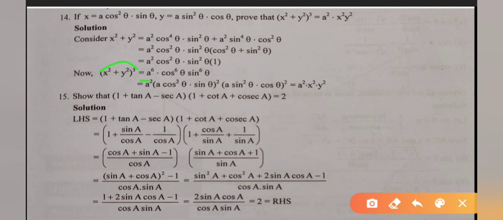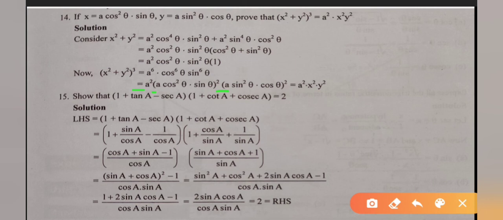Now, take separately here, divide the terms in terms of a square into x square plus y square. Now, a to the power of 6 can be divided: here a square is outside and here a is there, whole square, so a square times a to the power of 4. Again one more a, its square means a square, a to the power of 6 over.